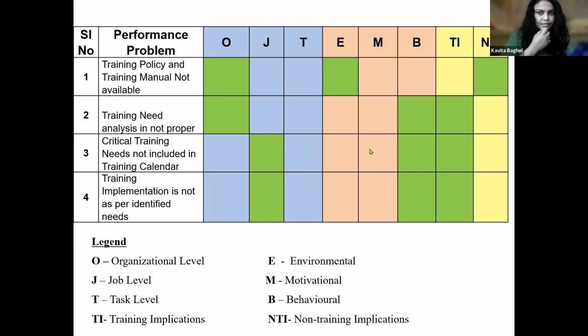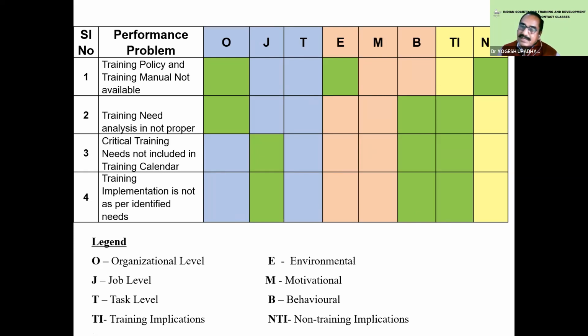Sir, you will not find these contents in the book, but you will find instructional strategy. For that, I am giving you additional input. So, organizational level means job. Like, if you go to a hotel, there's a job called roti making, chapati making.